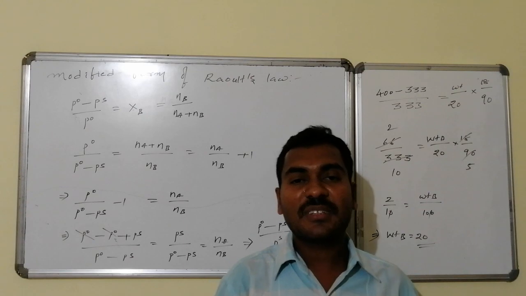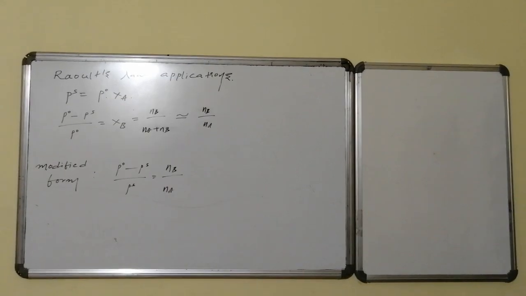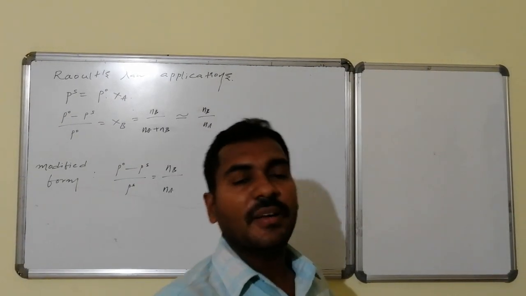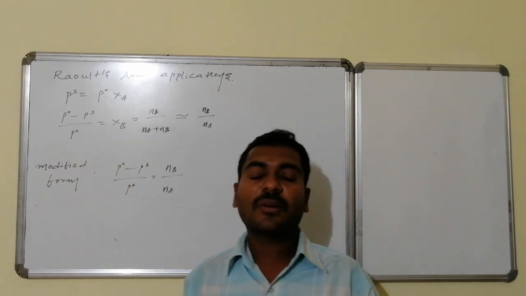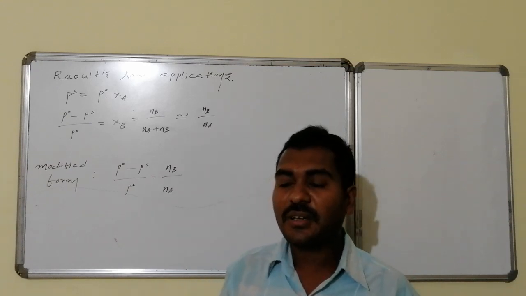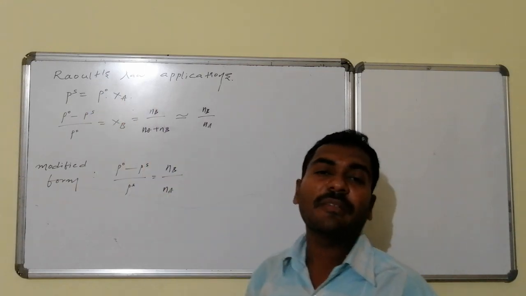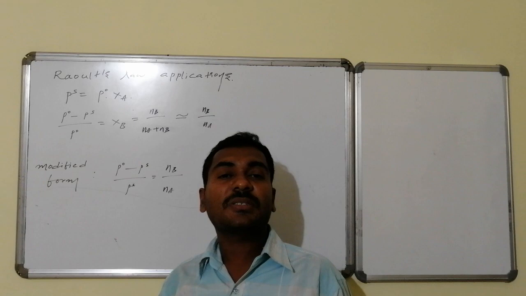Let us have a look at that list of questions. Different varieties of forms of Raoult's law. When a non-volatile non-electrolyte is dissolved inside the solvent, the vapor pressure of the solution, given by Ps, is lower than the vapor pressure of the solvent.